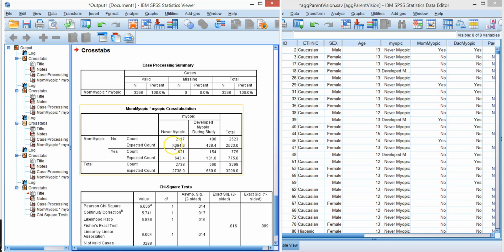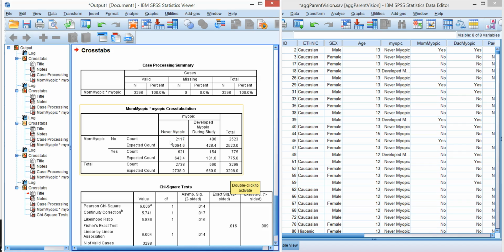Given this marginal total, there's a probability that a mom is not myopic. There's a probability that she is. There's a probability that the child was not myopic. There's a probability that the child was. If you multiply this probability times this probability, you get the chance probability that this is true.